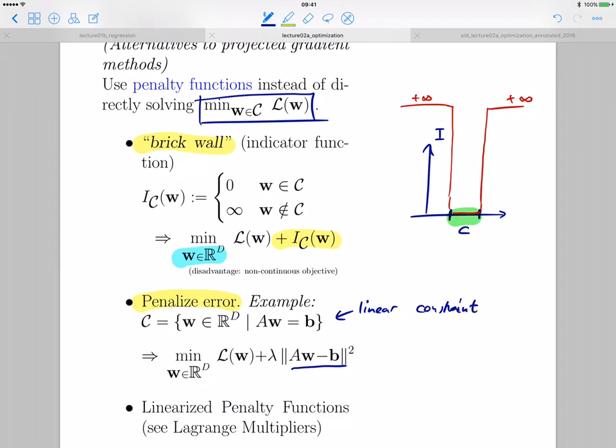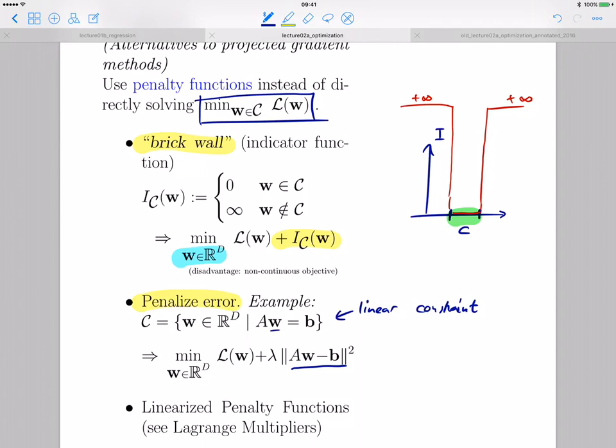So this is just a linear equation. Sometimes in real-life applications there might be a linear constraint which needs to be satisfied. For example, W must always, maybe, have all its entries add up to 1.